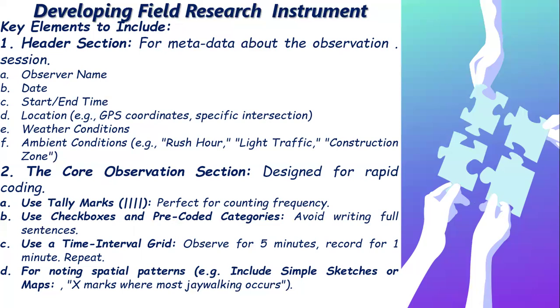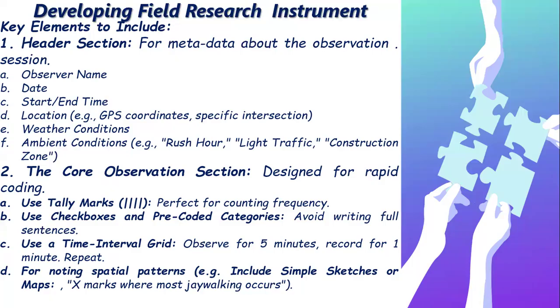You can make different marks for vehicle, for motorbike, for rickshaw, for cycle. Use checkboxes and pre-coded categories. Avoid writing full sentences. Use a time interval grid. Observe for 5 minutes. Record for 1 minute. Repeat.